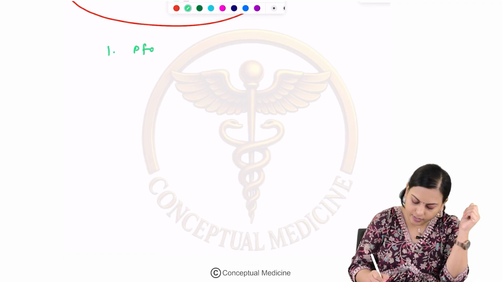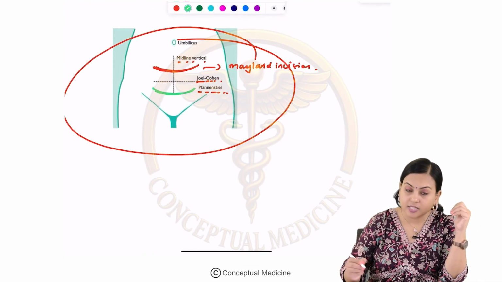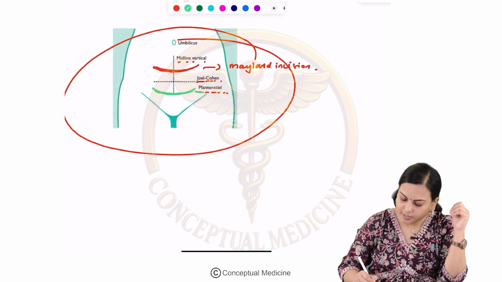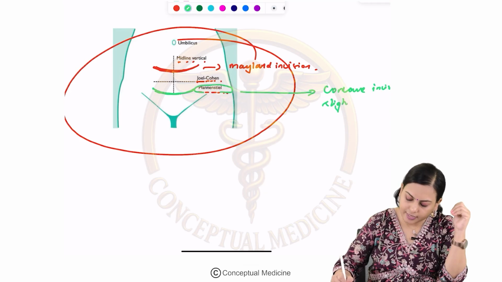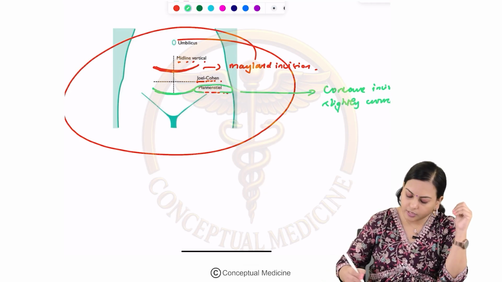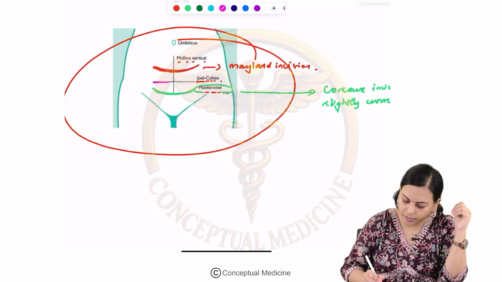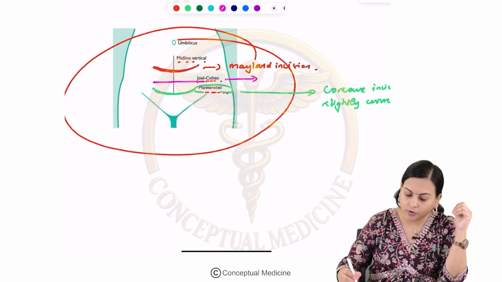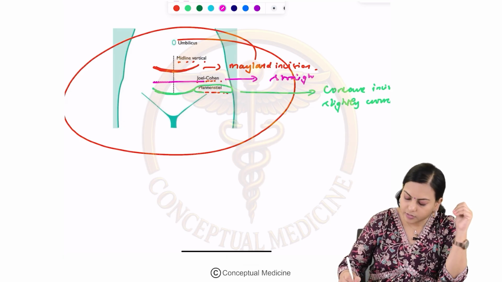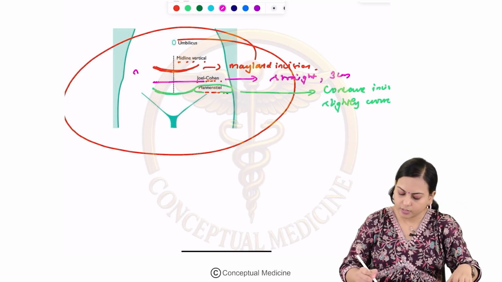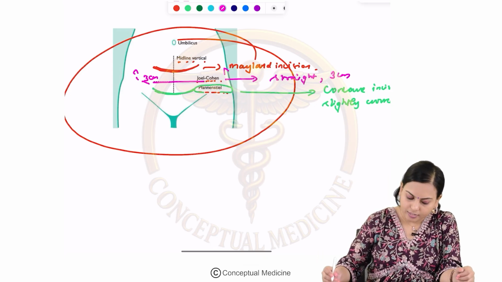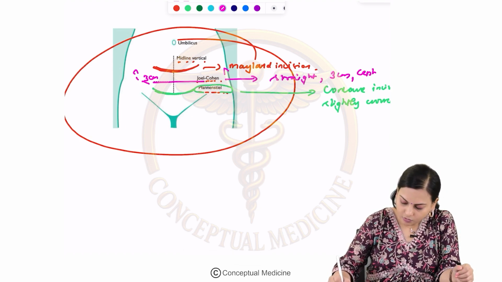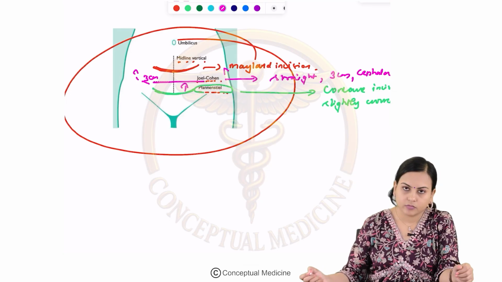First one is the Pfannenstiel incision. This is a slightly curved incision with concavity upwards. Then the Joel-Cohen incision is a straight incision, 3 centimeters below the anterior superior iliac spine, and it is somewhat cephalad to the Pfannenstiel.